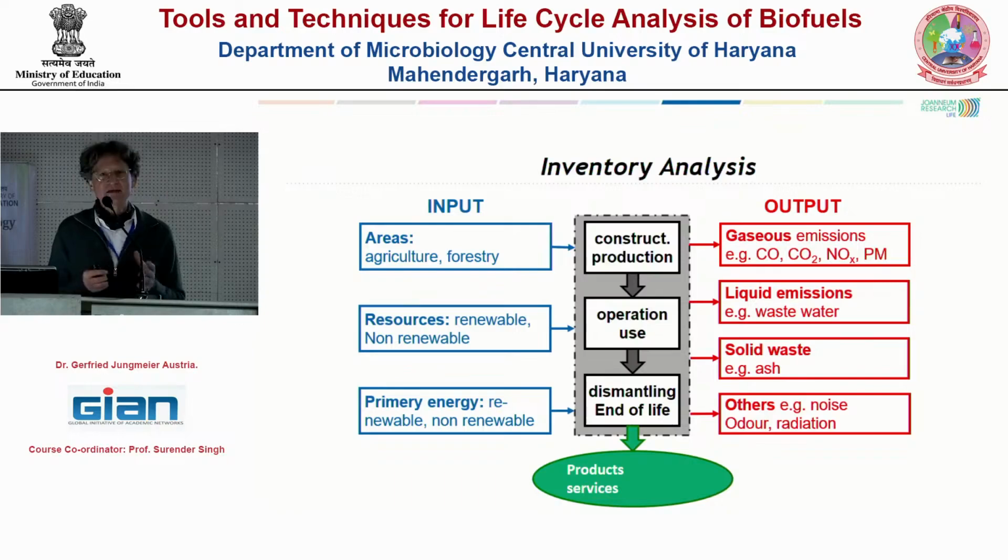For the primary energy, on one hand, it's part of the inventory analysis. Later on, we will also see it's one of the impact categories, describing the energy efficiency of the overall system. So still, the inventory analysis is really based on physical principles, at least covering a closed mass and energy balance.